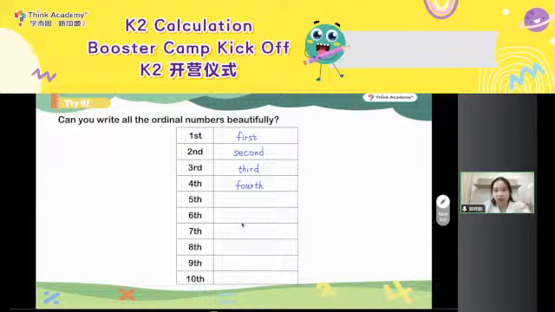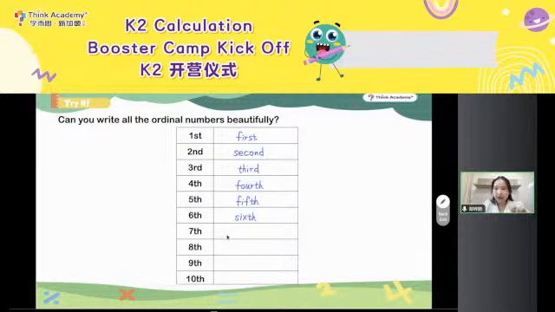What about 5th? Can you say the word? Fifth, right? So that's gonna be F-I-F-T-H. All right, amazing job to you. What about 6th? So that's gonna be 6 adding th, right? 7th.